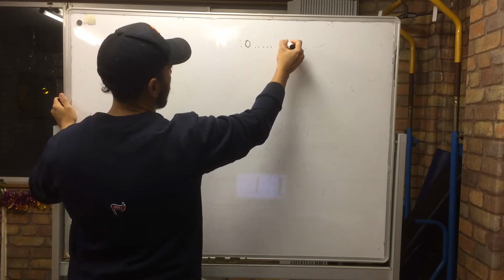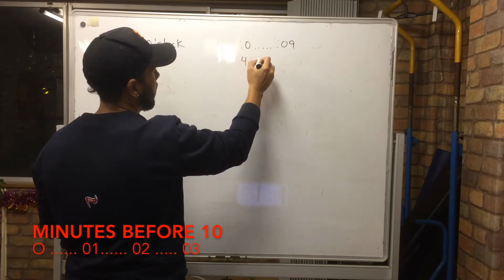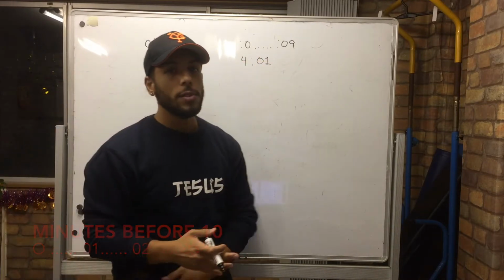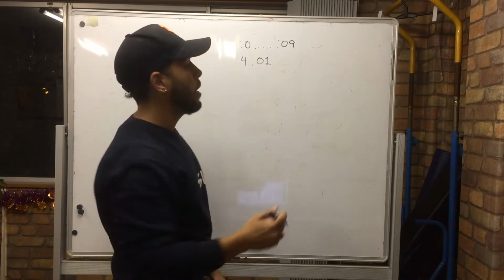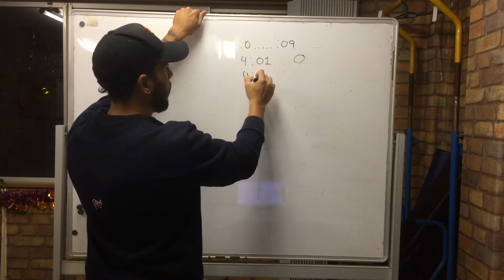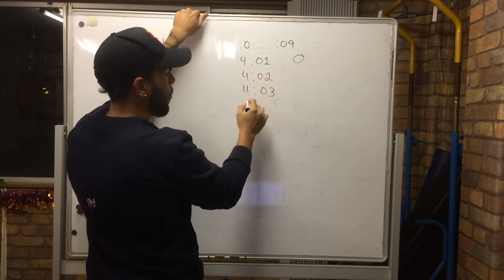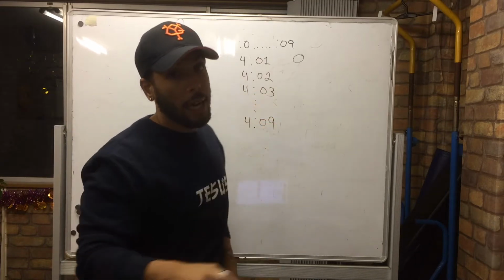Something 09. Alright? So in this case, usually we don't say 4-1. We say 401. We usually use the term O. 402, 403, all the way up to 409.